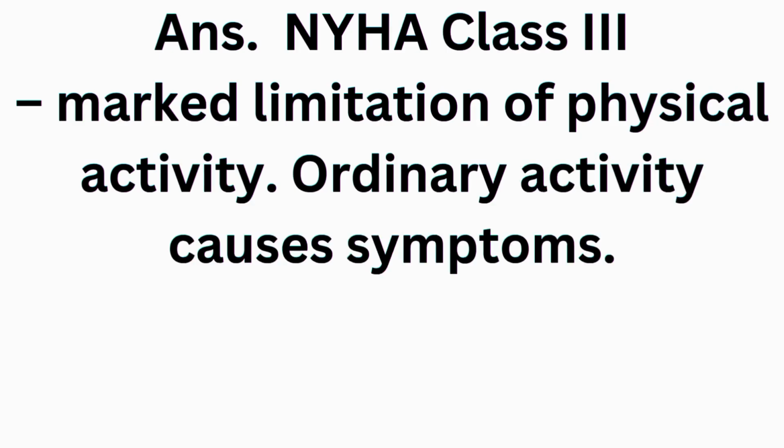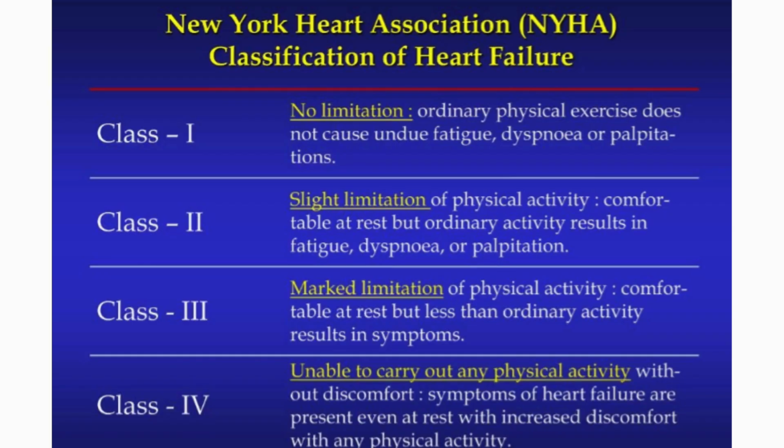In class 1, there is no limitation of physical activity, no symptoms at ordinary activity. Class 2, there is a slight limitation, comfortable at rest, but ordinary activity results in some symptoms. Class 3, that's where there is marked limitation. The patient at rest is comfortable, but less than the usual physical activity will bring about symptoms. Then class 4, there is severe limitation. The patient here might even have symptoms at rest.